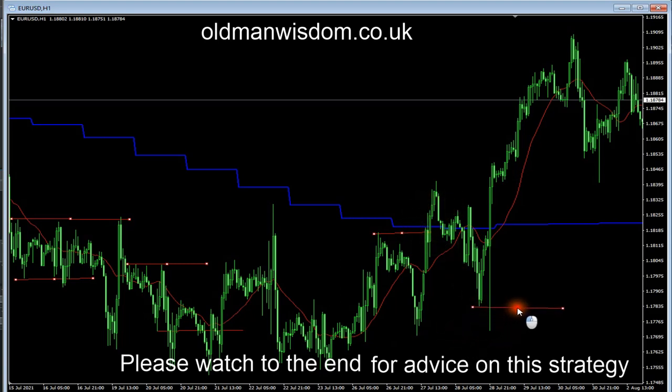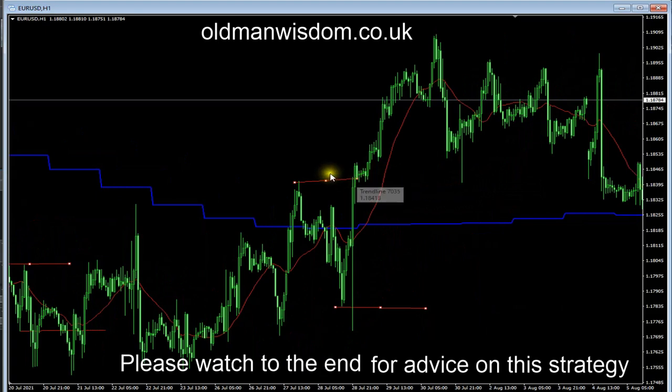And then again, you've got your level here, you've got your level there. Price comes below the moving average, but of course just breaks this upper level, and now you're looking to buy the market.